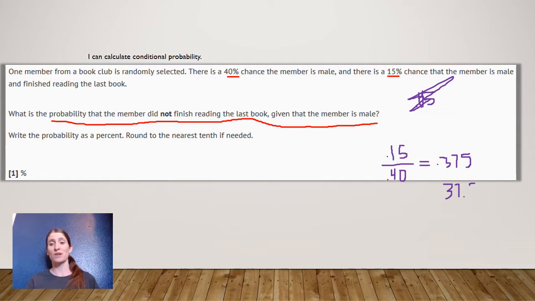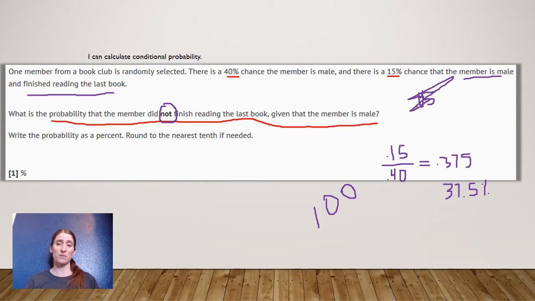Okay, so now what did we just find? Because that's not our answer. Let me tell you what we just found. We found that this is a member that finished the book given they were a male. So we want a member that did not finish the book, okay? Well, if you think about it, these are always out of 100%.